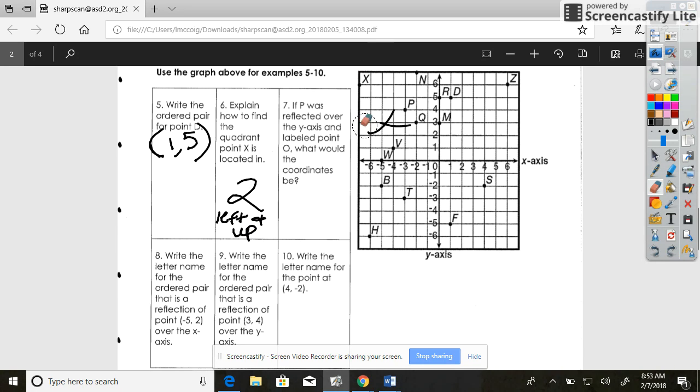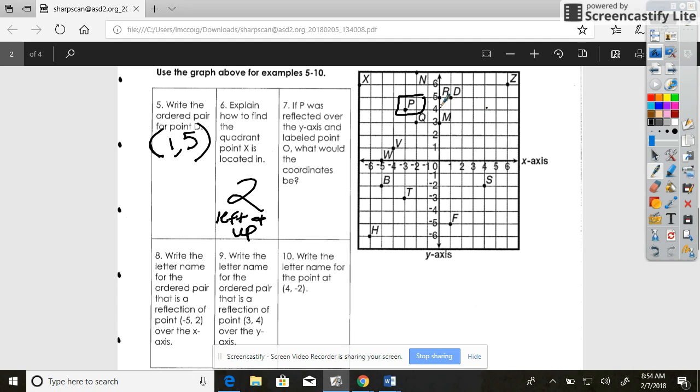If P was reflected over the y-axis, so let's find P. Here's P. If P was reflected over the y-axis, here's y, what would the coordinates be? So if we reflected this point right here over the y-axis, it would have to be over here.